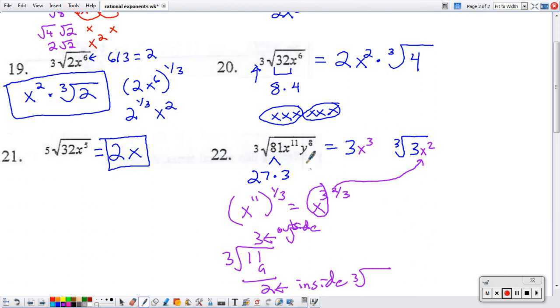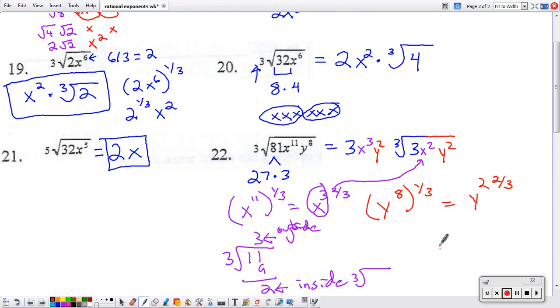Okay. Now I have y to the 8th. Y to the 8th is going to work in a very similar way. I can take y to the 8th to the 1/3. Think about that as 8/3, and I know that 8/3 is 2 and 2/3. That means I'm going to have y squared and then y squared.